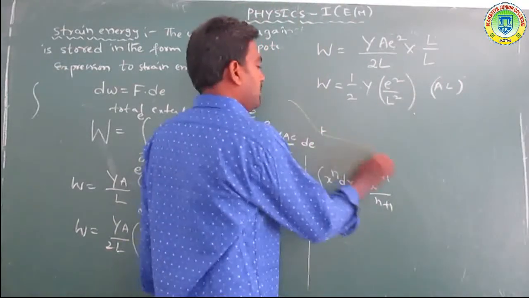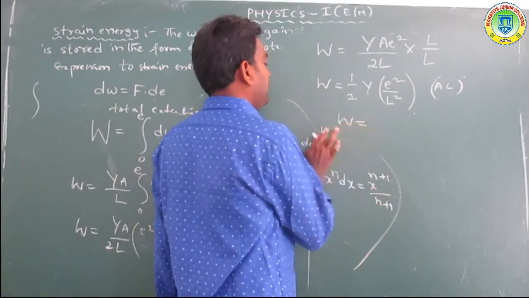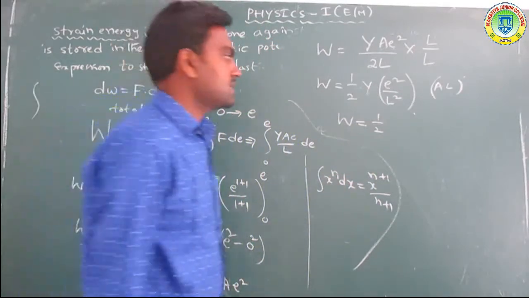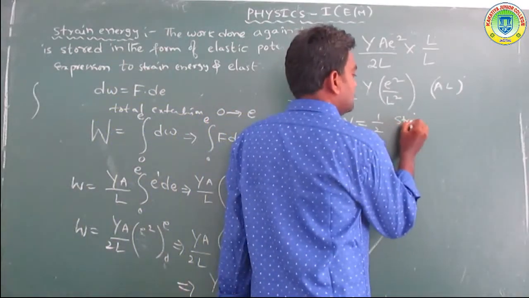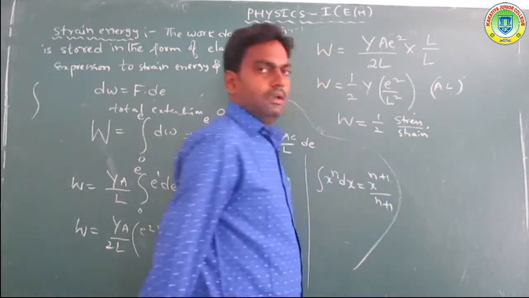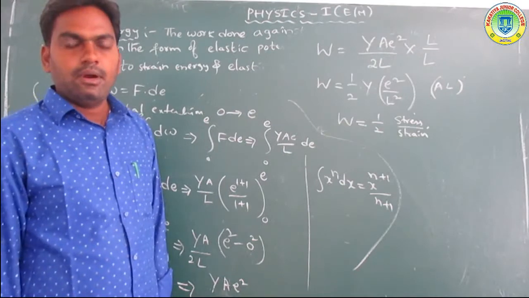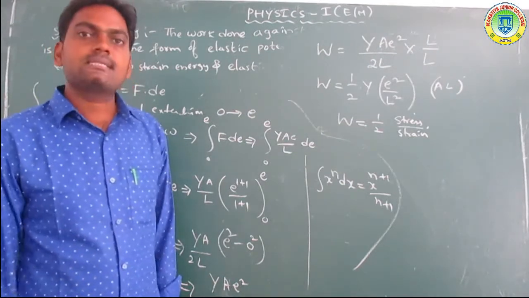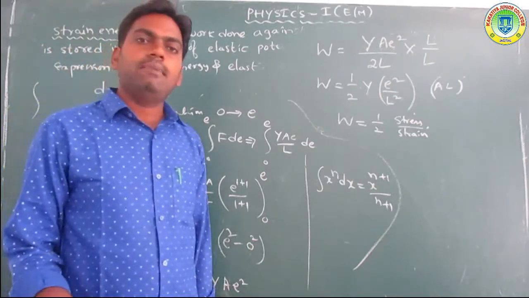So W is equal to the modulus, which means stress by strain, times e square by L square. e by L is called strain, the change in length by original length.